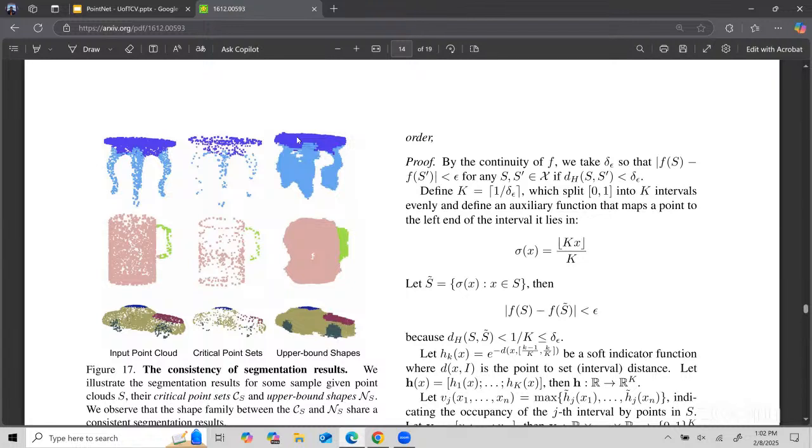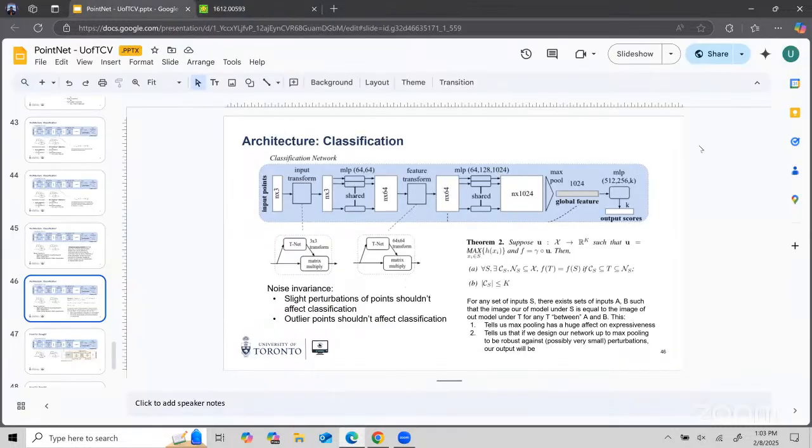The authors actually show some of this empirically, and they compute some of these sets for us. You can see we have this very sparse set right here, and this other set right here. If we take any superset or subset in between, our network is always going to output the same thing, which is some nice geometric intuition.